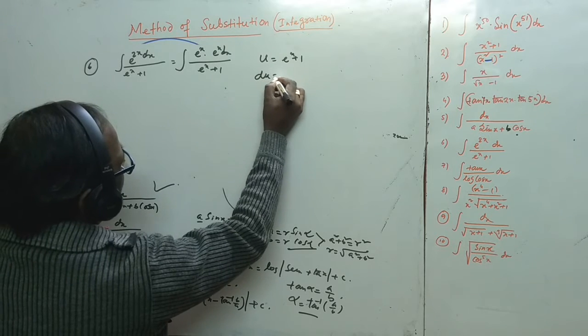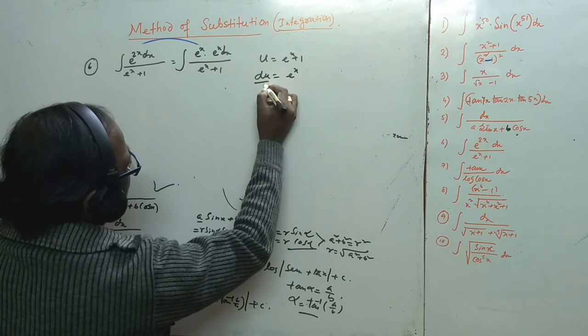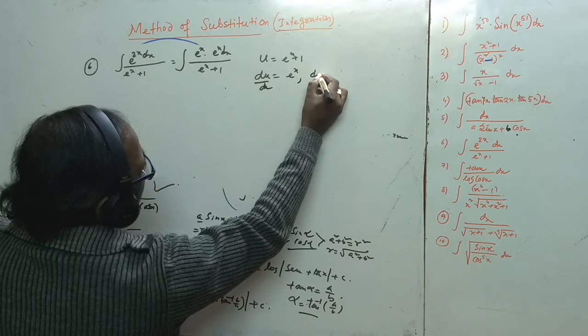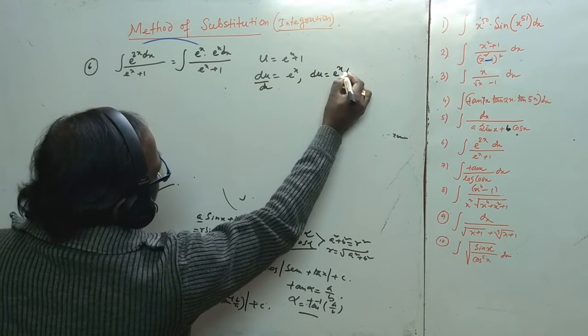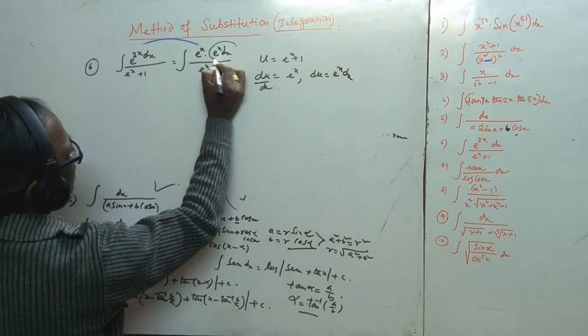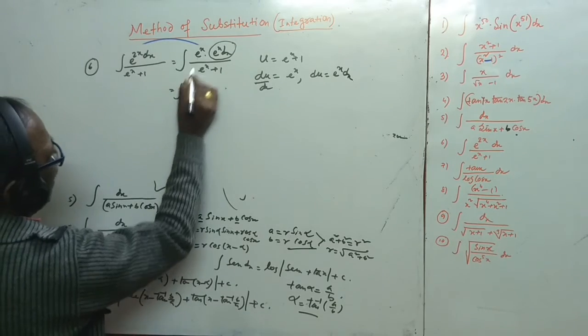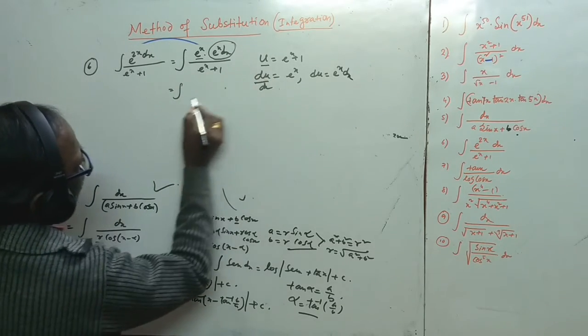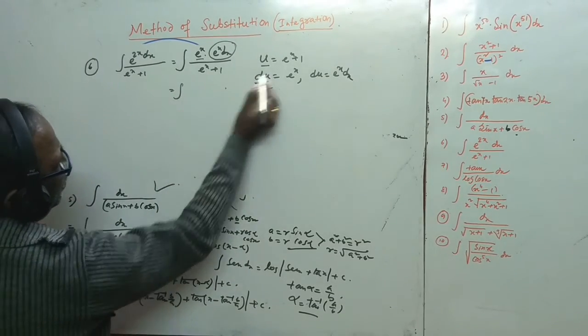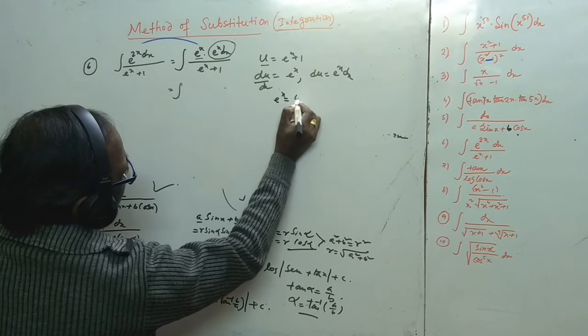So du by dx is e to the power x, so du is equal to e to the power x dx. See, this is du and this is u minus 1. So e to the power x is equal to u minus 1.